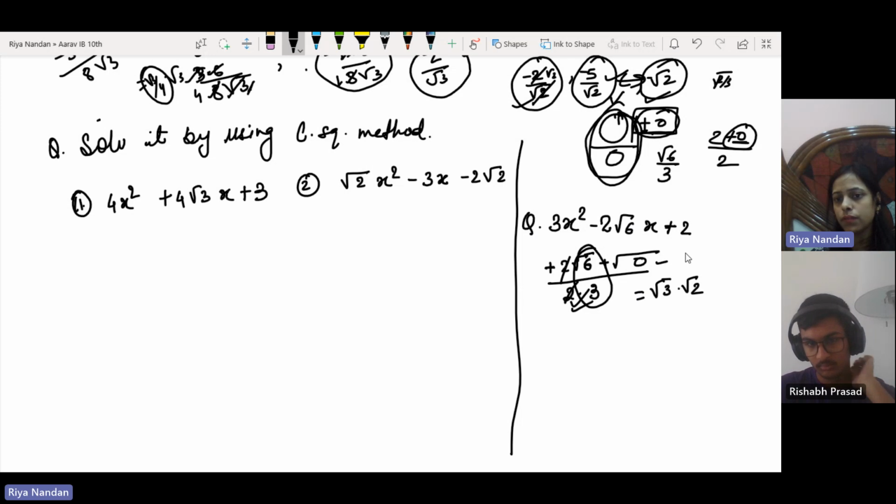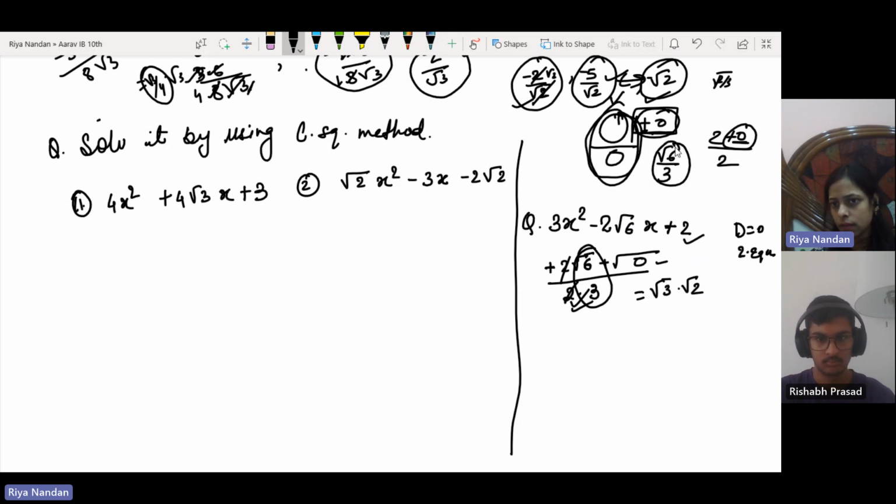And what is the nature of this equation? D is equal to 0. So we will have two equal roots, right? Yes, two equal roots. So what is your answer?